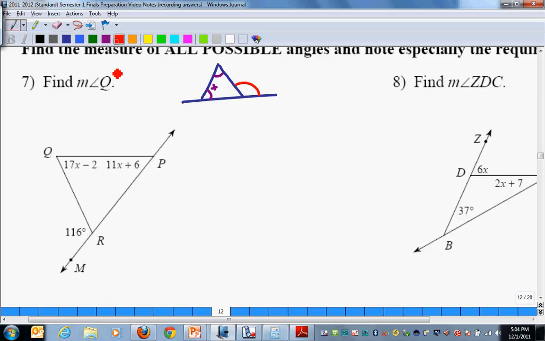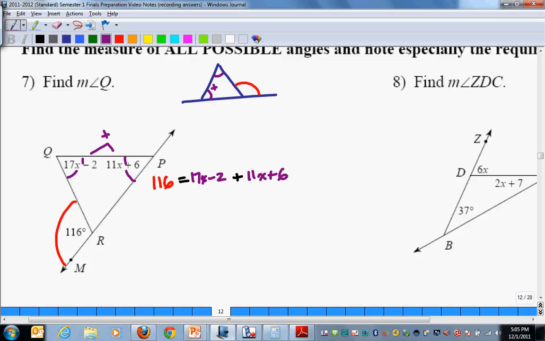So if we look here, 116 is our exterior angle. These two angles are the remote interiors. So we're going to add those. And so we have 116 equals 17x minus 2 plus 11x plus 6.